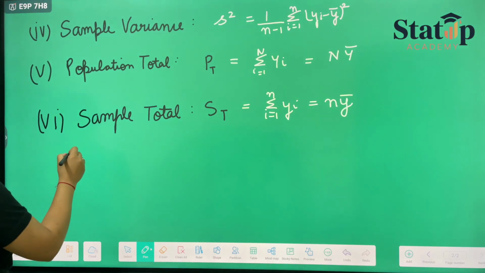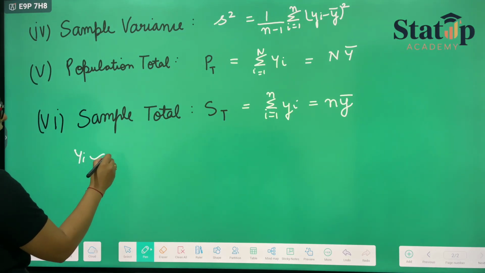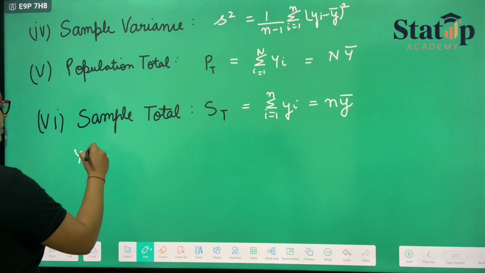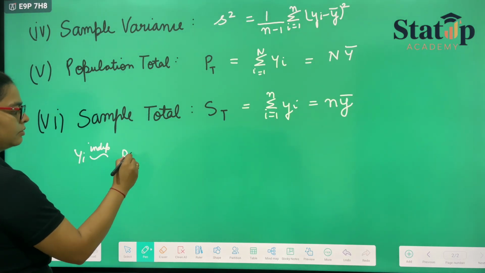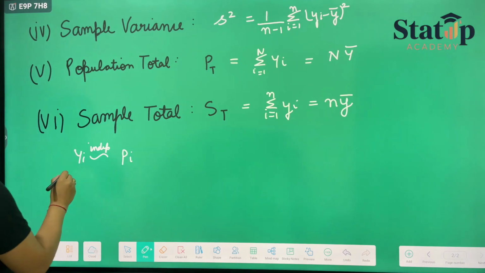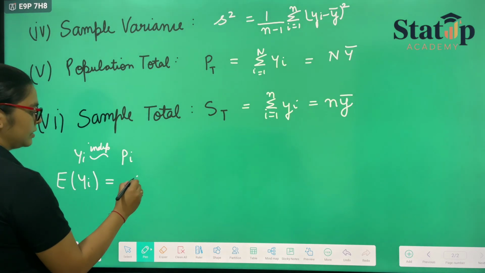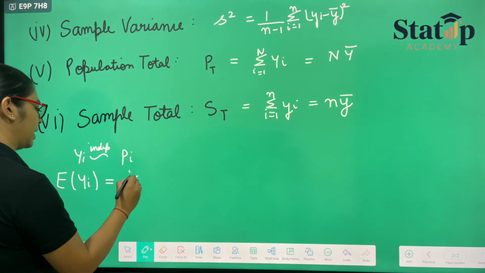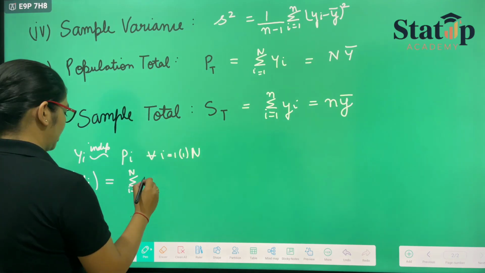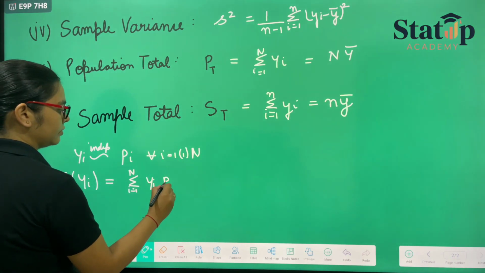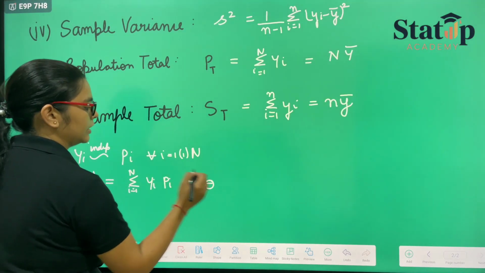The first rule is, whenever any variable, suppose y i, follows any distribution independently with probability p i, then the expectation of y i is nothing but summation i goes from 1 to N, y i p i, or we can say this is equal to, let us suppose, theta.